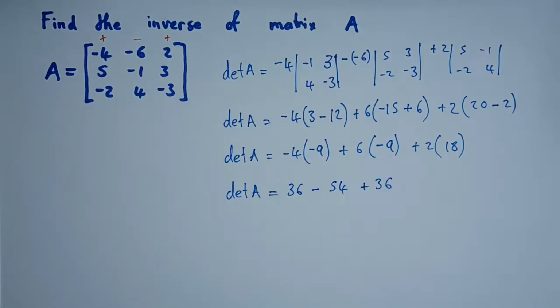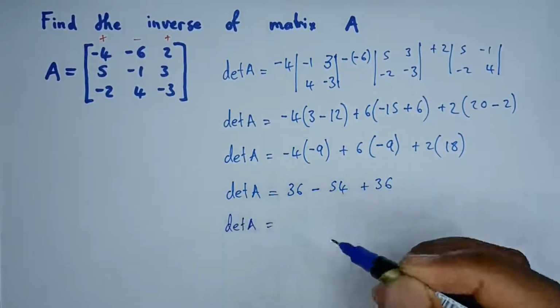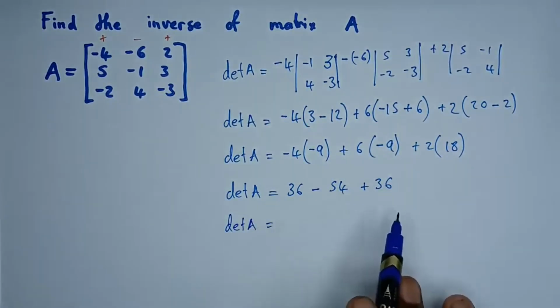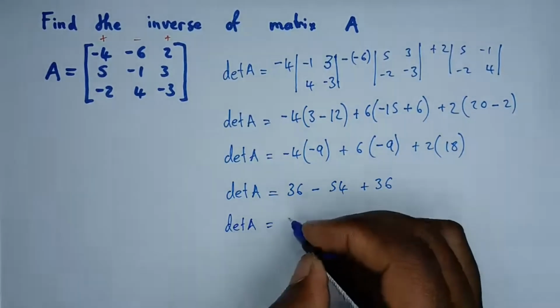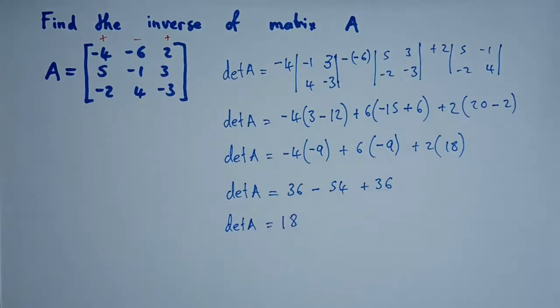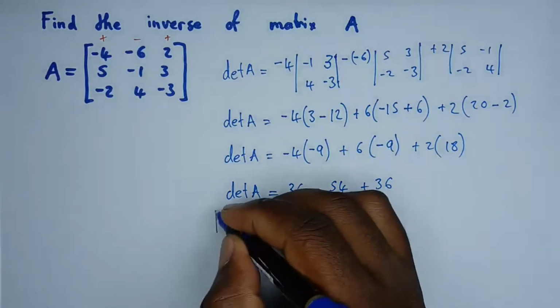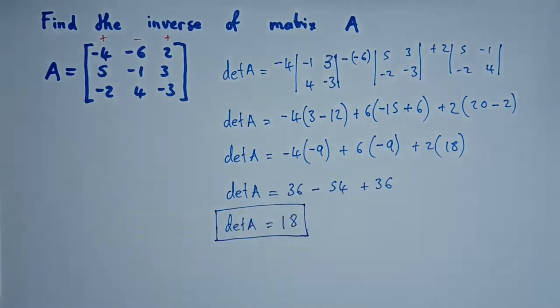So 36 plus 36, that's 72. 72 minus 54 should give us a +18. So the determinant of this 3 by 3 matrix is simply +18. Okay, so we'll come back to this determinant. Let's just proceed and find the cofactor.